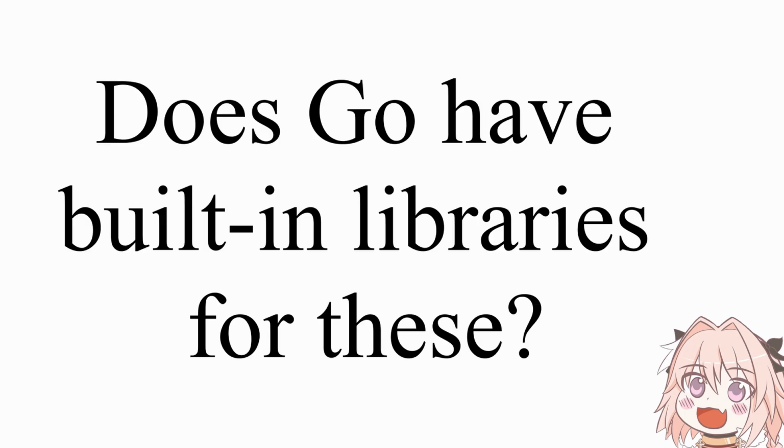And I say that because I'm not even sure if Go has a built-in WebSocket library that I can use. And it definitely doesn't have a Discord WebSocket library that I can use. And I'm not sure about REST APIs, so we're going to have to see about that. Also, it mentioned something about secure WebSockets, so we might have to learn a little bit about HTTPS and how we're going to be able to do that.